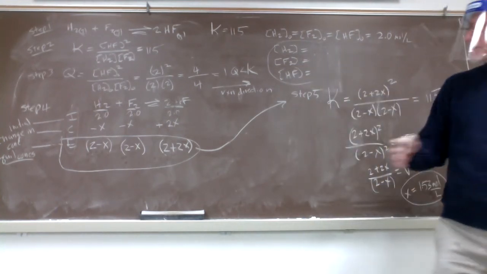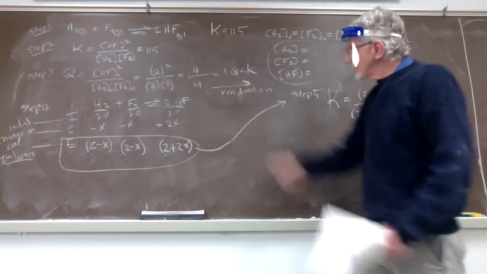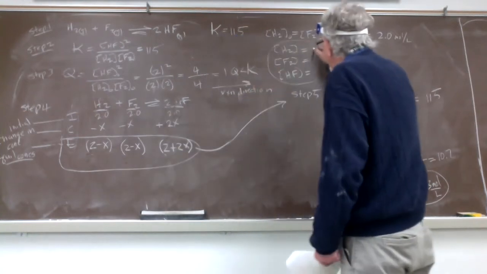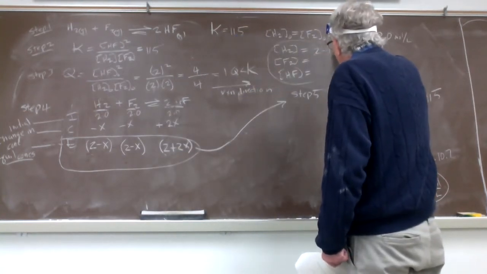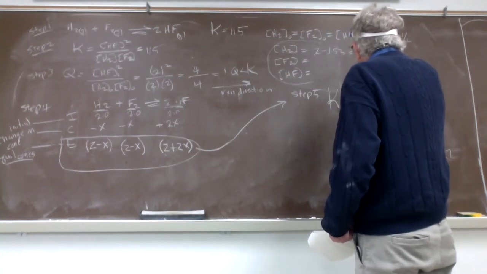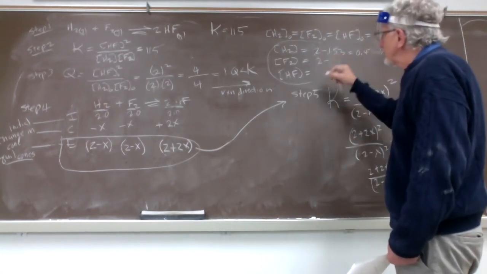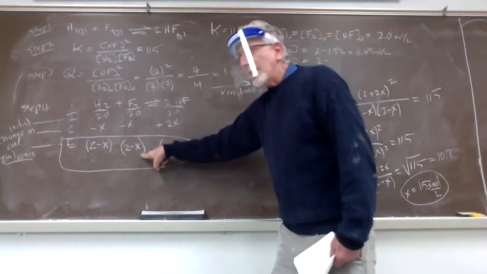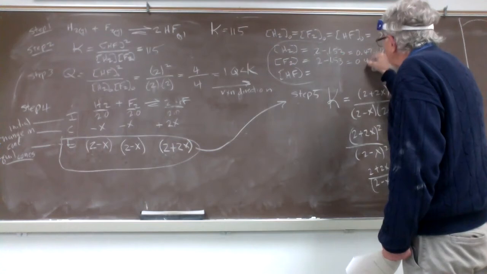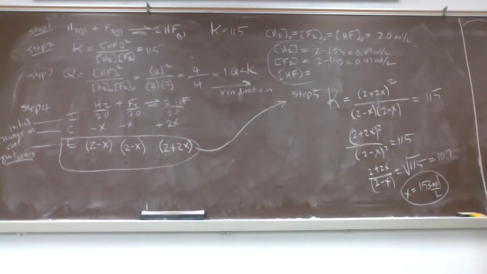So what's the concentration of hydrogen? Once this chemical reaction has gotten to the end of its chemical journey, it's home, it's at equilibrium, it's where it wants to be, the concentration of hydrogen will be 2 minus X. 2 moles per liter minus 1.53 gives 0.47 moles per liter. Concentration of fluorine is going to be 2 moles per liter minus the X value, 1.53, is 0.47 moles per liter.